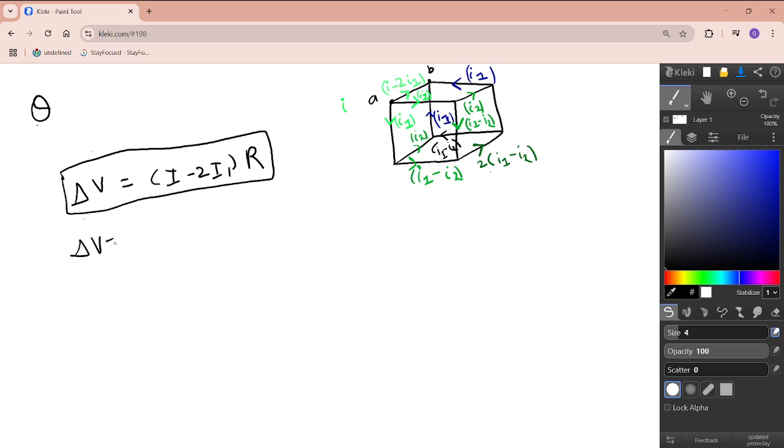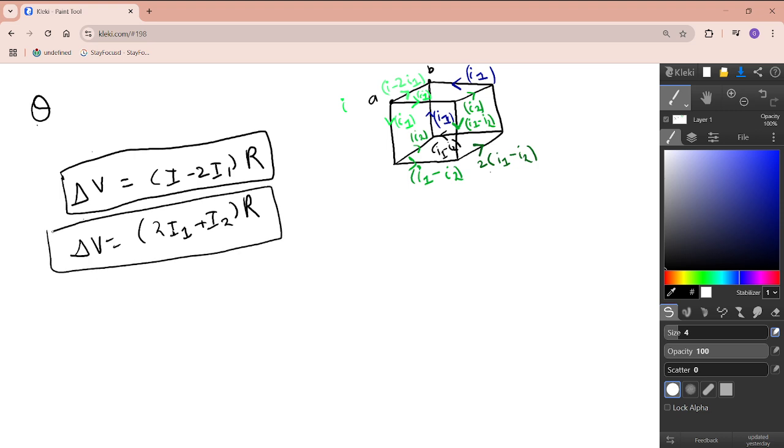The second equation is delta V. Let's go from this path: I1, I2, I1. We get an I1 current, we get an I2 and an I1. So the I1 is getting added twice. So 2I1 plus I2 times R is the potential difference between points A and B.